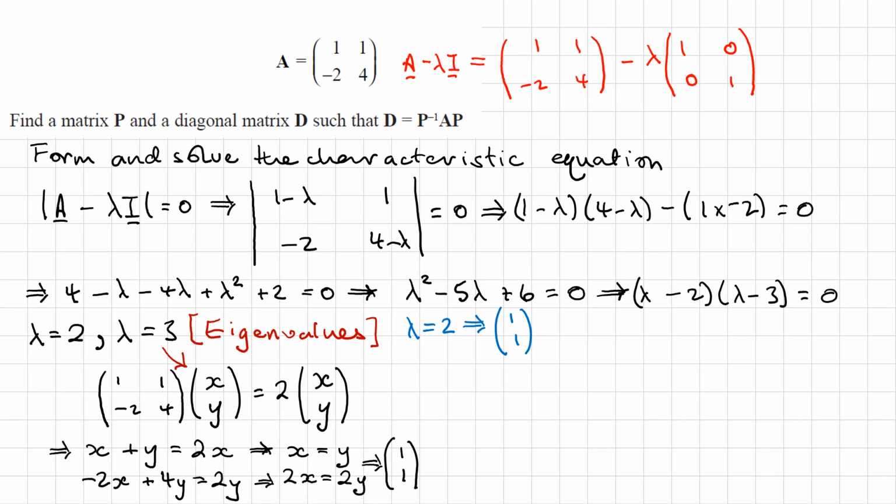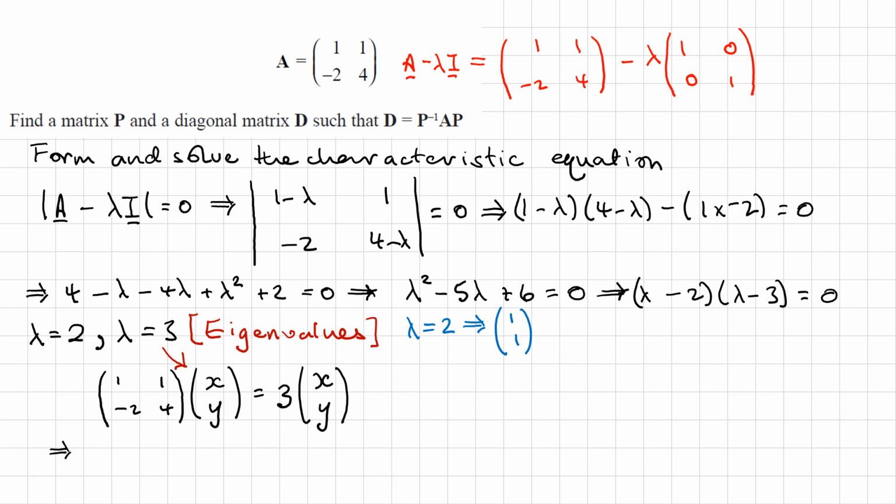Okay, so let's now do the same thing, but with the other eigenvalue of 3. Rather than write all of the working out, I'll just change the numbers. So this is going to be 3 here. Obviously, it's going to give me slightly different equations. So let's see what we get from that. From the top one, I will get x plus y is equal to 3x. If I take x away from both sides, I've got 2x is equal to y.